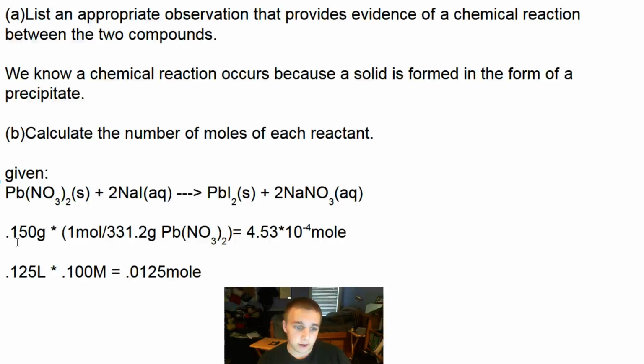I took the grams of Pb(NO3)2 and divided by the molar mass to get 4.53 times 10 to the negative 4th moles. Then I took the liters of NaI times the molarity to get 0.0125 mole.